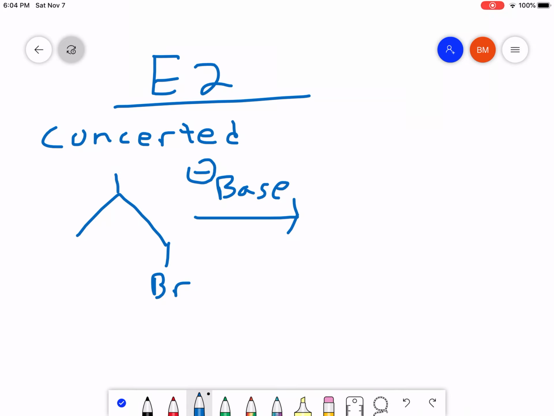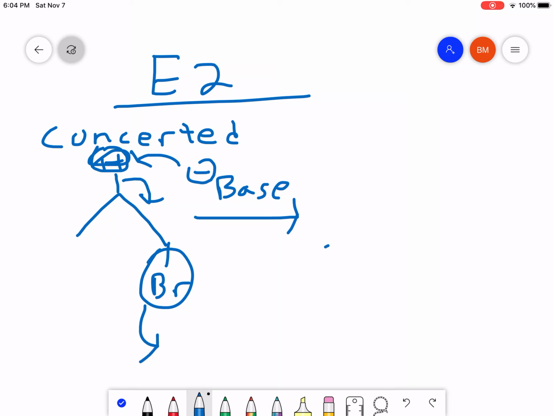What the base does is it targets a beta hydrogen. I've drawn one of the beta hydrogens sitting there just so we can show the mechanism. This base is going to grab that beta hydrogen. I did a really bad job of circling the H, but there it is. When it takes the hydrogen, it leaves a pair of electrons behind. These electrons can fall into a double bond between the beta and alpha carbons, and in turn, it kicks off your X minus, in this case, bromide.